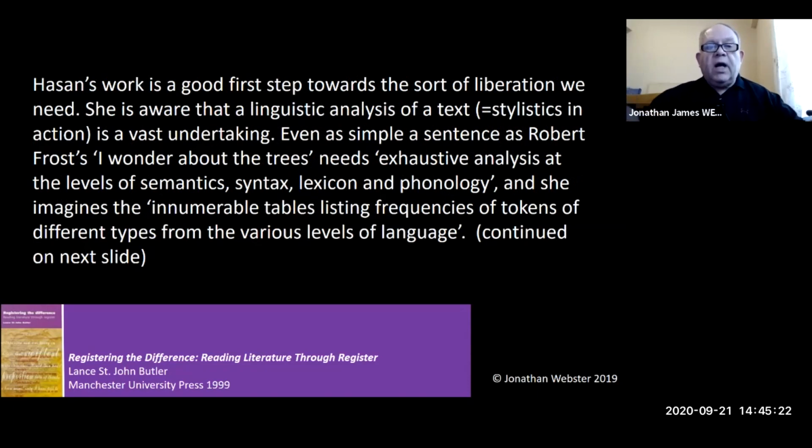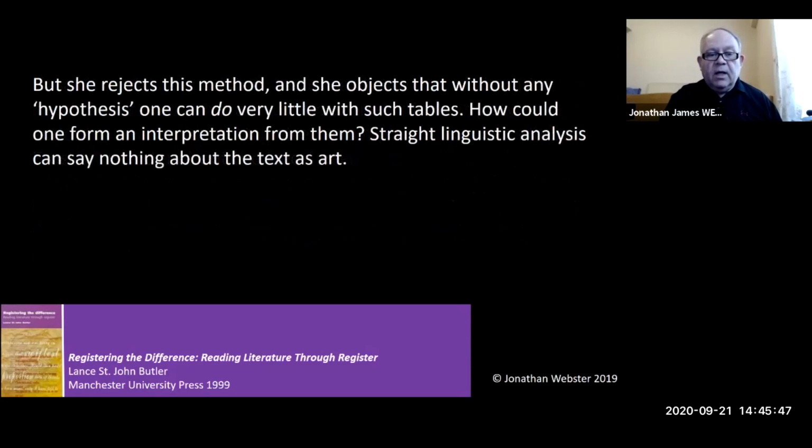She is aware that a linguistic analysis of a text, stylistics in action, is a vast undertaking. Even as simple a sentence as Robert Frost's, "I wonder about the trees," needs exhaustive analysis at the levels of semantics, syntax, lexicon, phonology. And she imagines the innumerable tables listing frequencies of tokens of different types from the various levels of language.